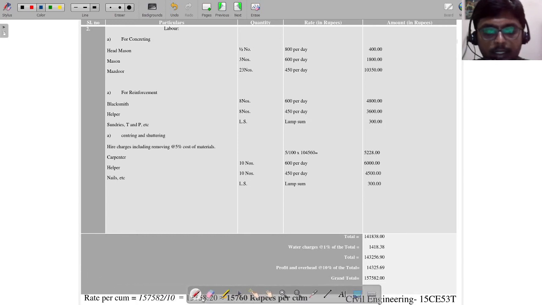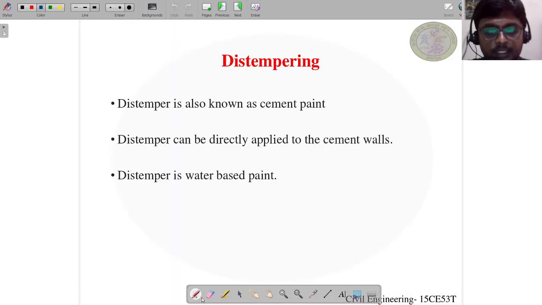Now let us go to the next content, which is distempering. As you all know, distempering is also called cement paint. Why is it called cement paint? Because distempering can be directly applied to the cement plastered surface, and hence it is called cement paint.